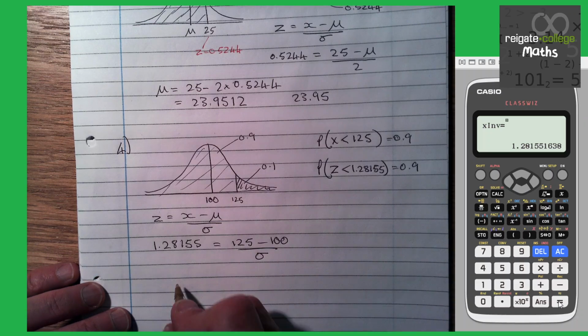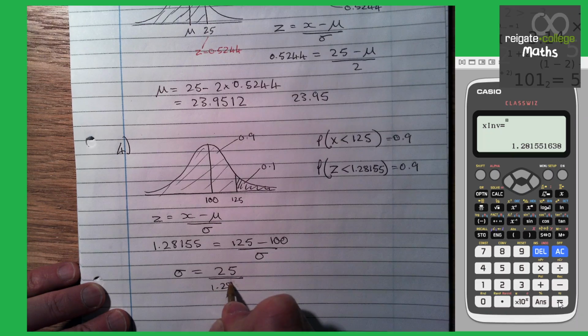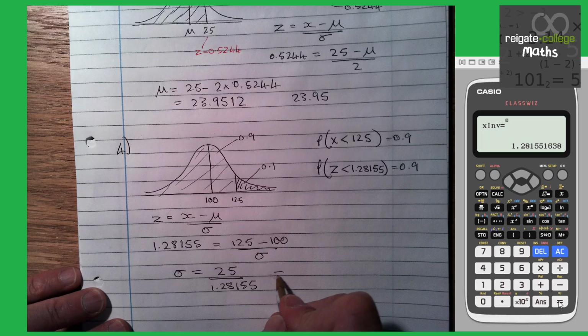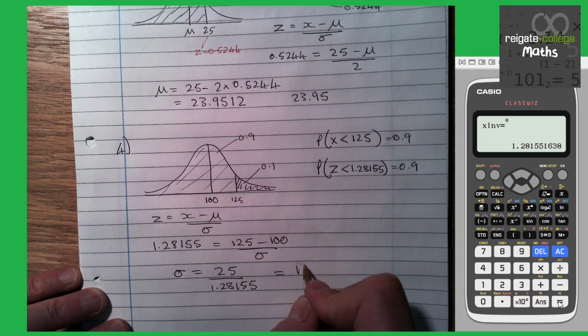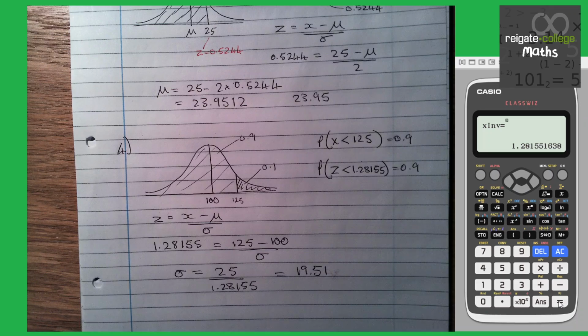So sigma is equal to 25 divided by 1.28155, and that is equal to 19.51 to 4 significant figures, or 19.5 to 3 significant figures.